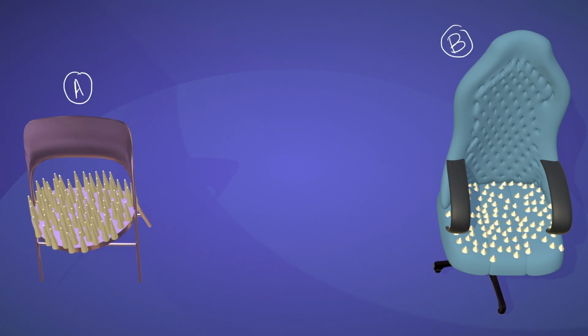So my question is that if Mr. H has to sit on one of these chairs, it has to choose the chair. Which chair will it choose? Chair A or chair B? I hope your answer would be chair B because it is a comfortable chair. So it means that this is a strong base.